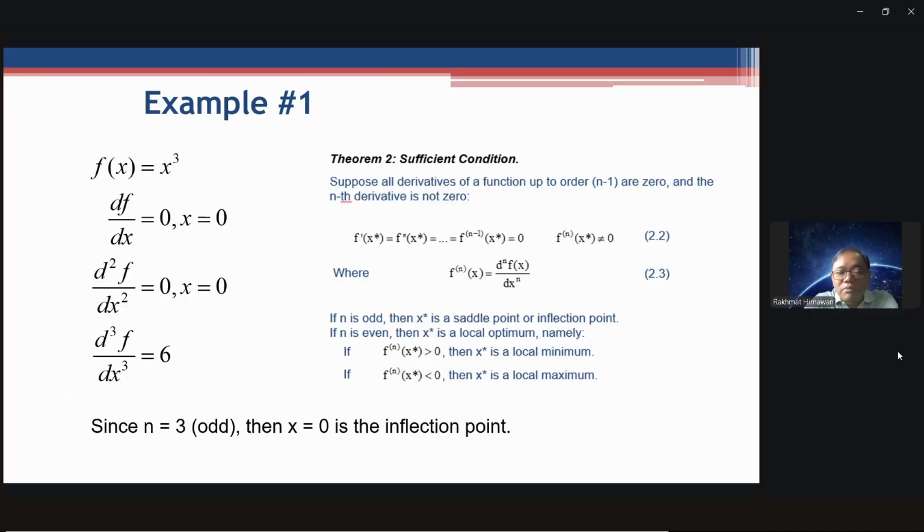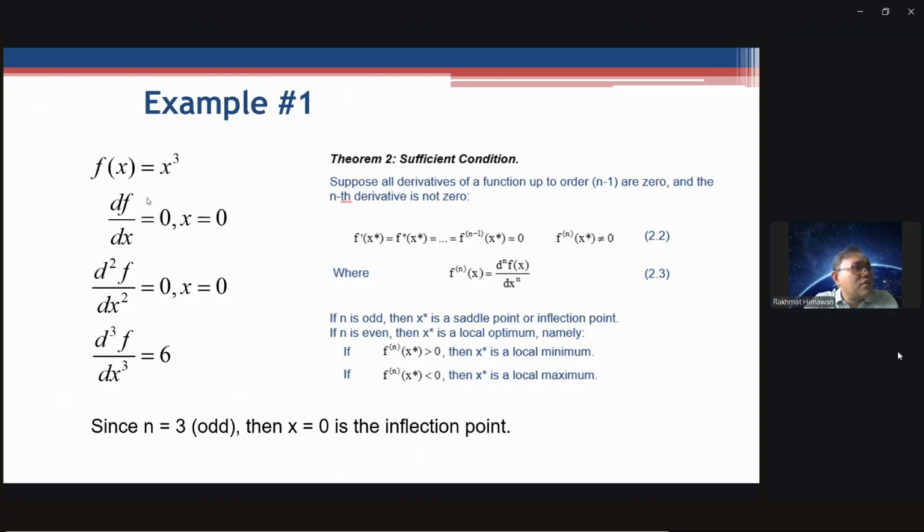Before finding where x is 0, let's do the derivative, df/dx, and find when it is equal to 0. If it's equal to 0, what is x?